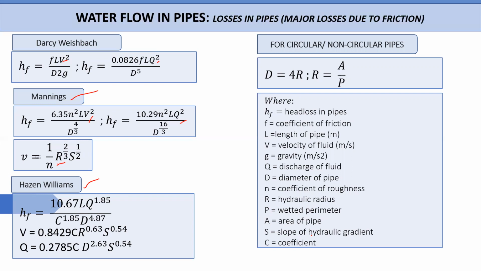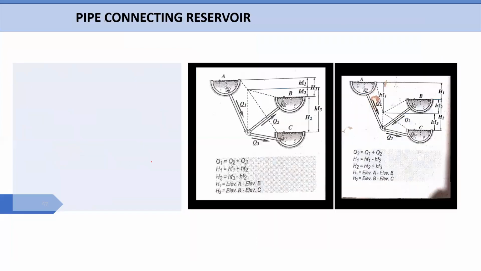S is the slope of the hydraulic gradient, used in Manning's and Hazen-Williams. And C is the coefficient of discharge. So our slope of hydraulic gradient here is equal to head loss over the length of the pipe.